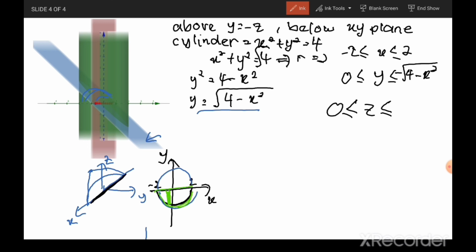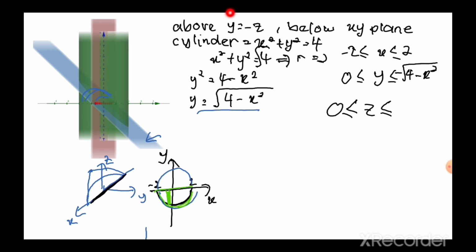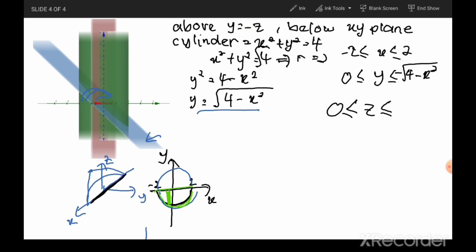Okay, for z, the interval is between 0 until the plane, which is y equal to negative z. I'm sorry, it cannot be z equal to negative z, so we need to modify the equation. With y equal to negative z, we get z equal to negative y. So the interval for z is between 0 until negative y.